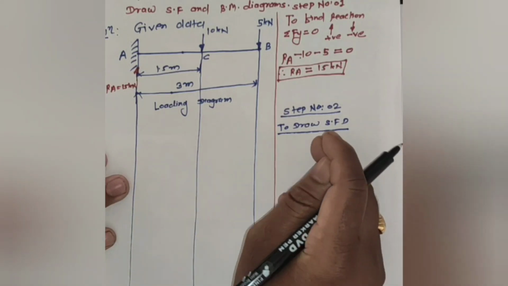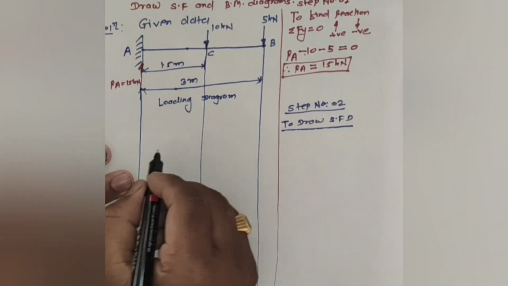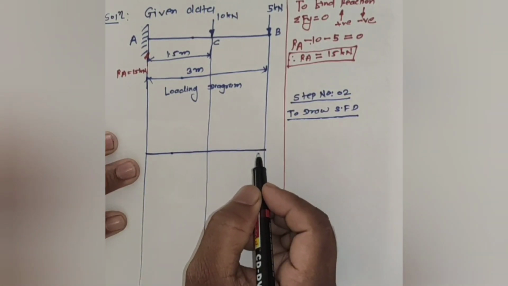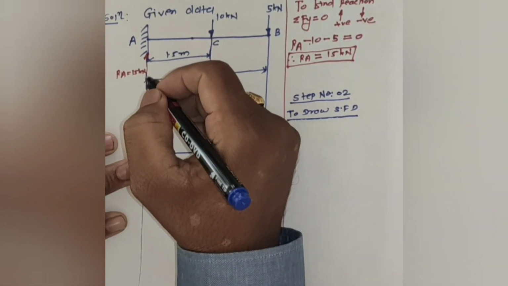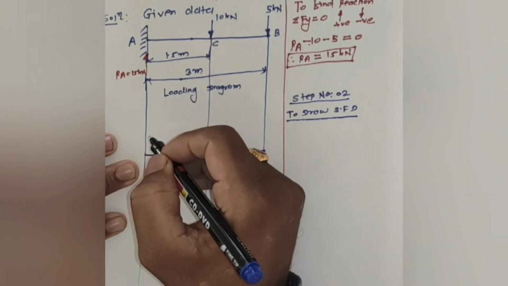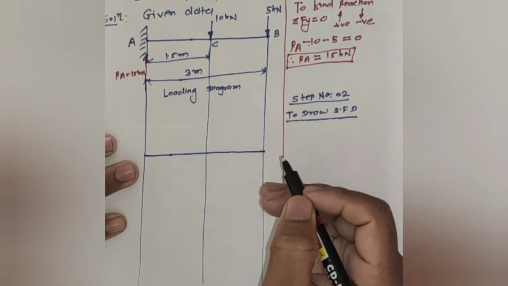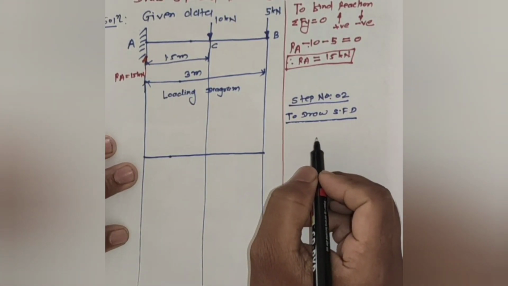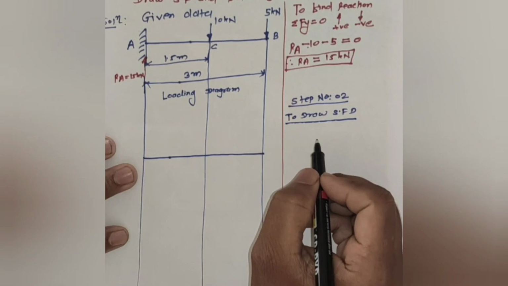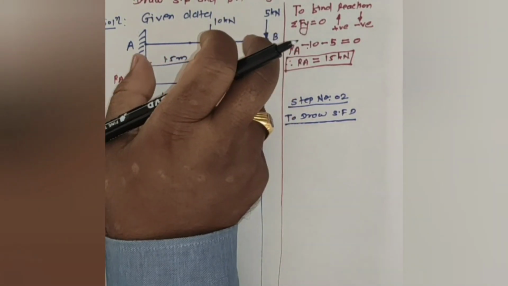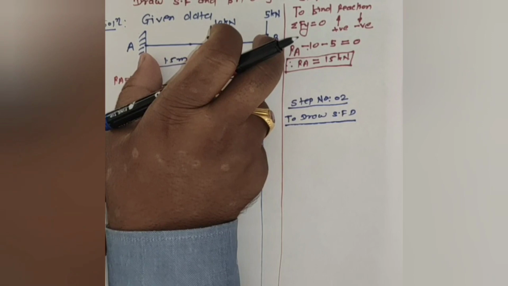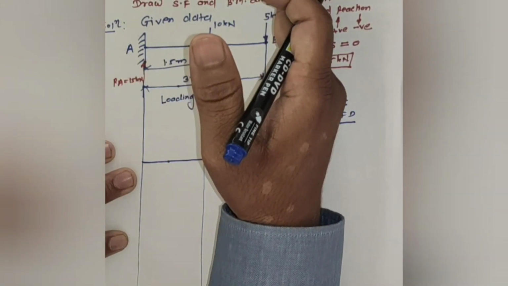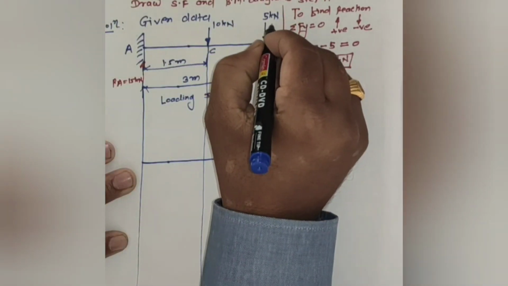Before calculating the shear force at each point, you have to draw the baseline, and all of you know above the baseline shear force is positive, below the baseline shear force is negative. In the previous problems we learned the sign conventions, and I already told you that in a cantilever beam you have to calculate the shear force from right side to left side.